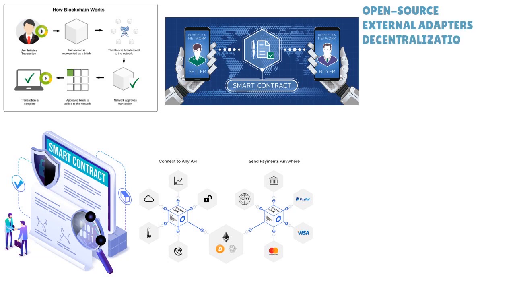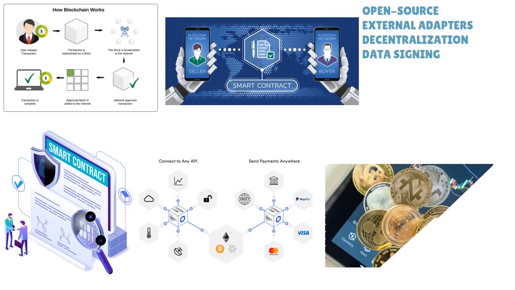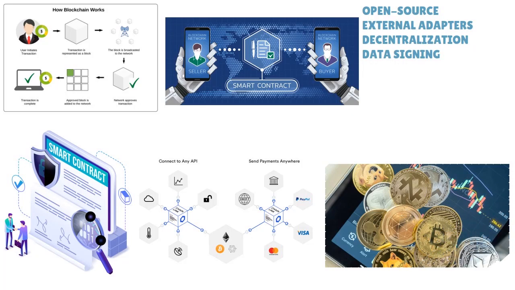You do have decentralization. You have data signing. Here, nodes cryptographically sign the data they provide to smart contracts, because this allows users to identify which nodes sent data and look at their past history to determine their performance quality. You have service agreements. You have reputation systems. That's important to really pay attention to.